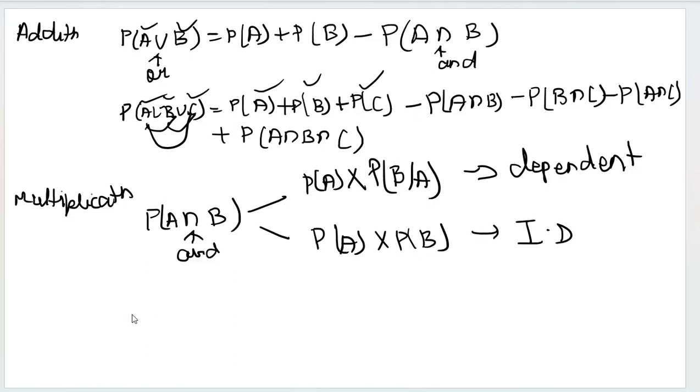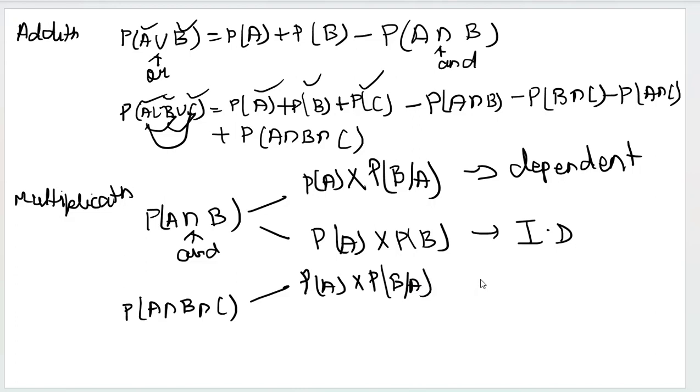Similarly, for three sets A, B, and C, probability of A intersection B intersection C, for the dependent case, is P of A into P of B given A into P of C given A intersection B. That means it is the probability of the first event, then multiplied by probability of B, given that the first one has already occurred, into probability of C, given that the first two, that is A and B, have occurred.